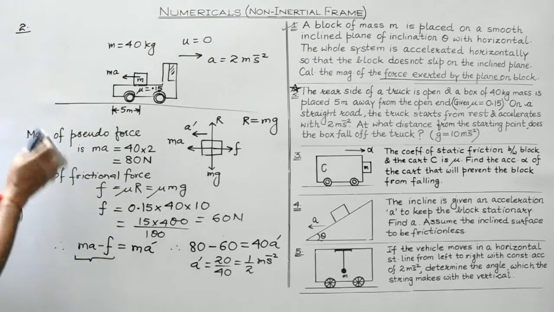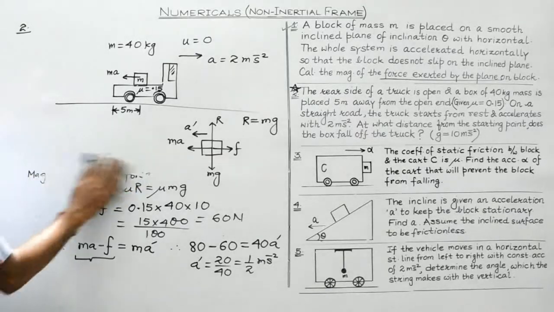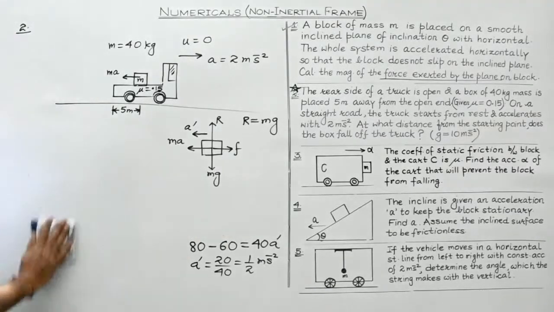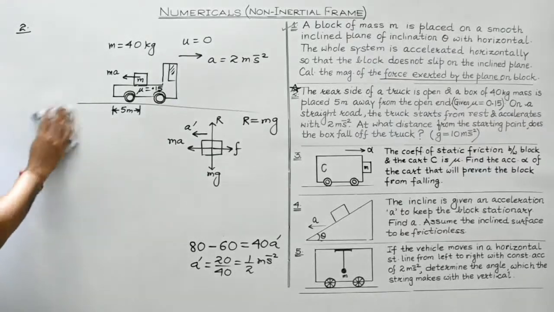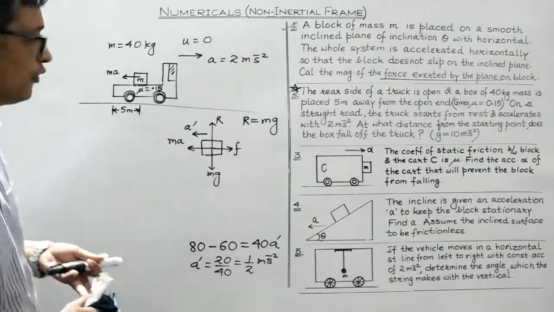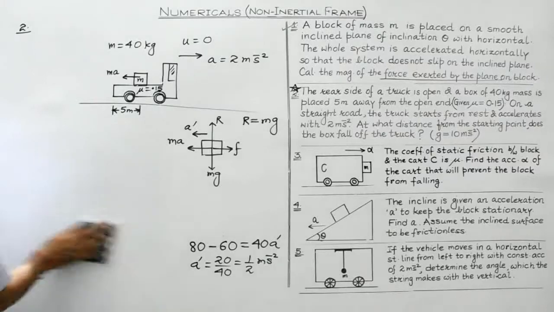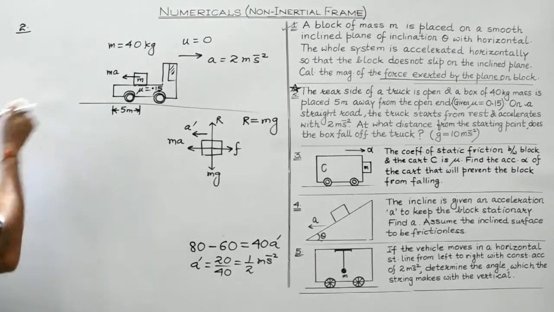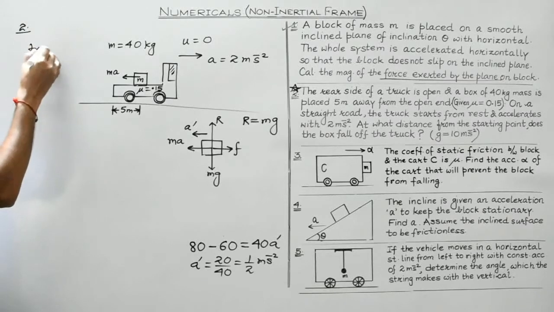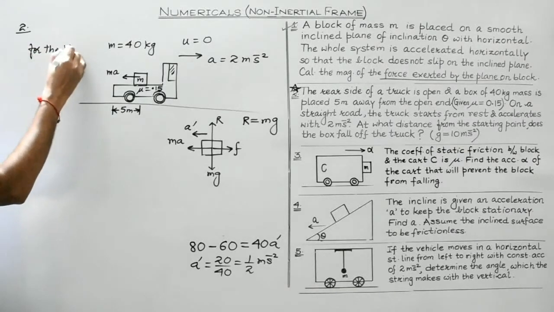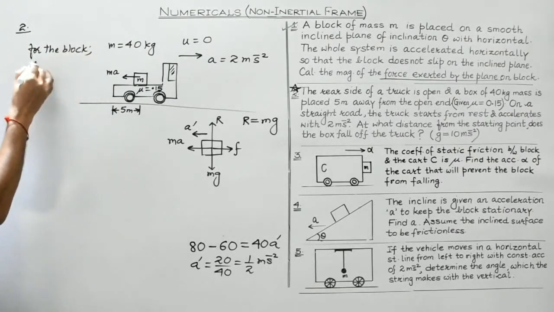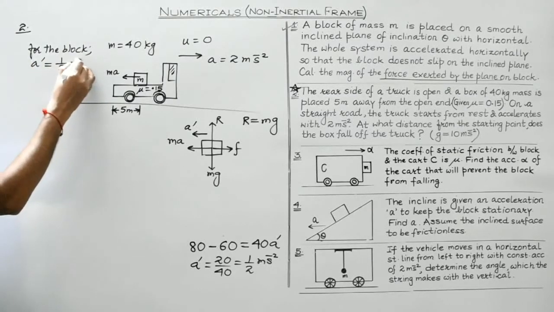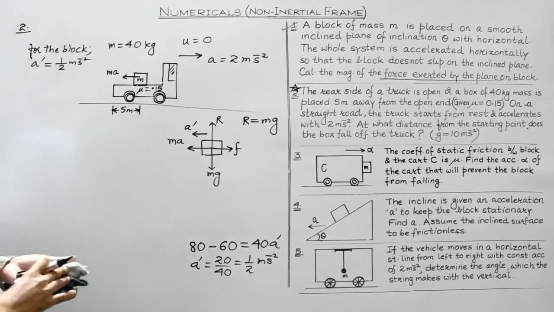Now let us find out the time which the block will take so as to fall off the truck. After what time the block will fall off the truck? So let's try to evaluate that time. Okay, for the block, its acceleration is half meter per second square. Right, students?